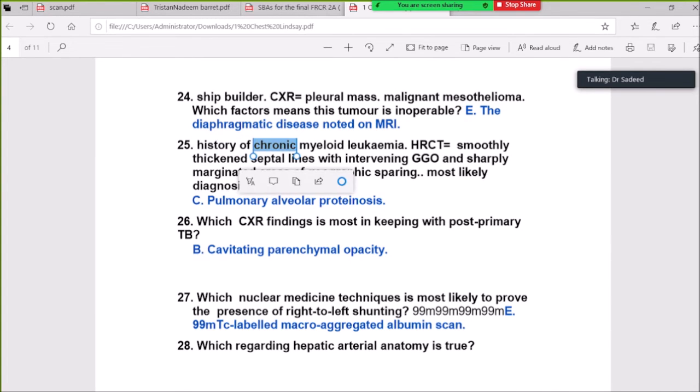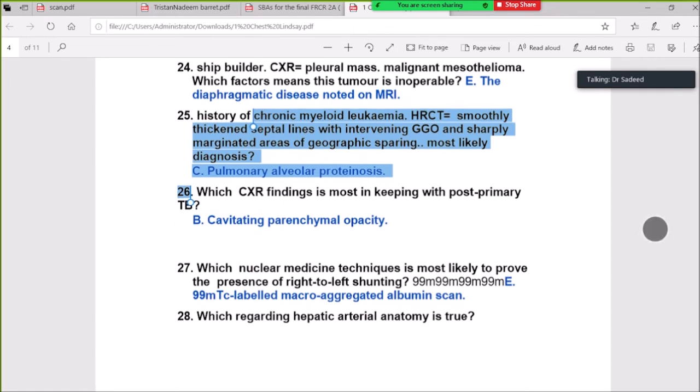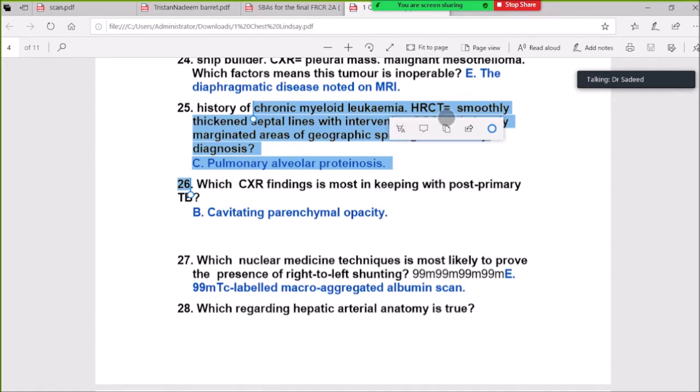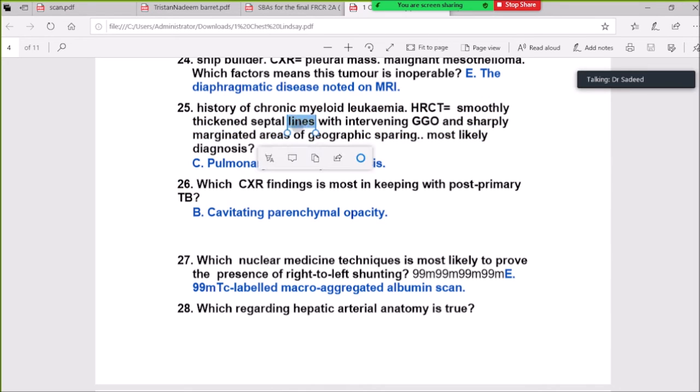Question 25. History of chronic illness. HRCT shows smoothly thickened septal lines with intervening ground glass opacities and sharply margined areas of geographic sparing. Most likely diagnosis: pulmonary alveolar proteinosis. These are typical HRCT features: thickened septal lines, ground glass opacities, and sharply marginated geographic areas of sparing with normal lung.